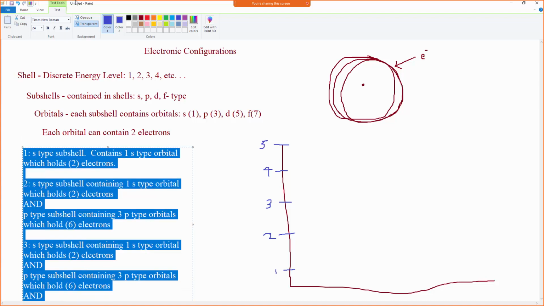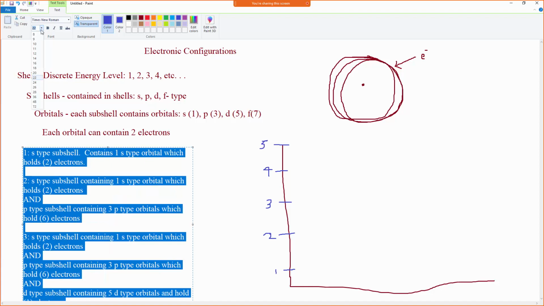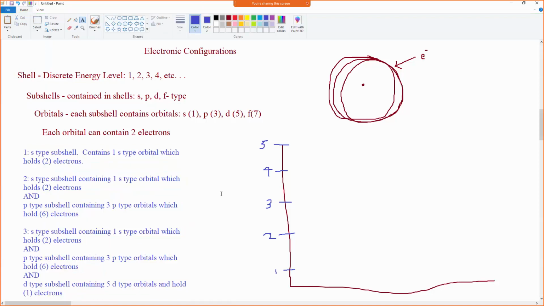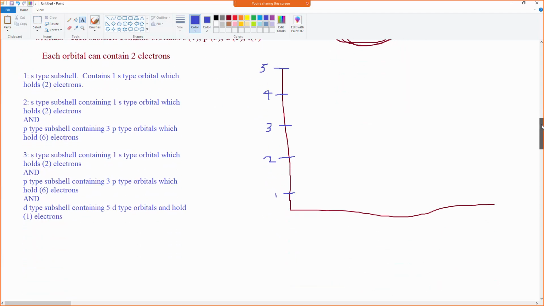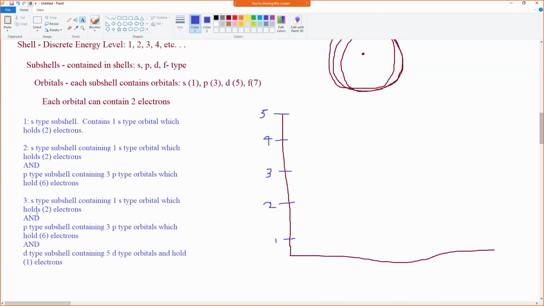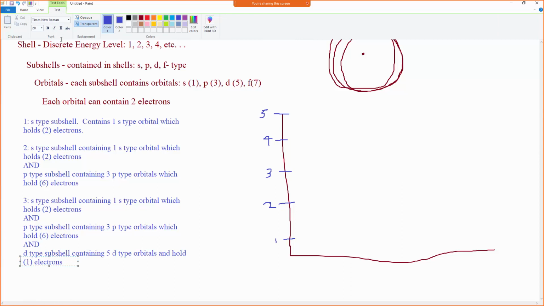Hang on a second. I'm going to have to make this a little smaller so it will fit. I said 1 instead of 10.